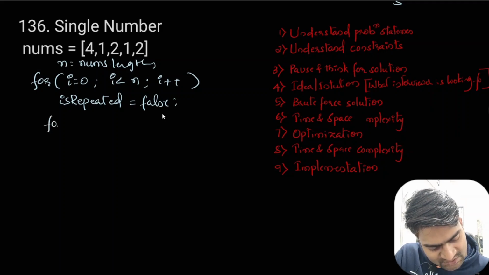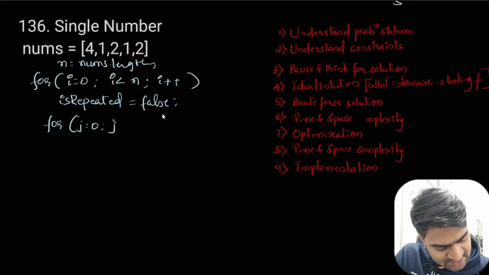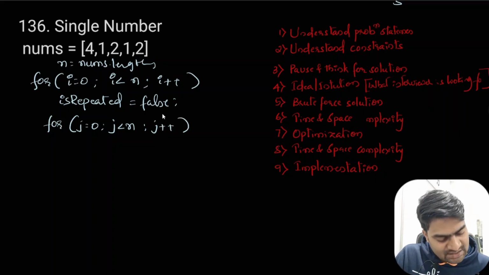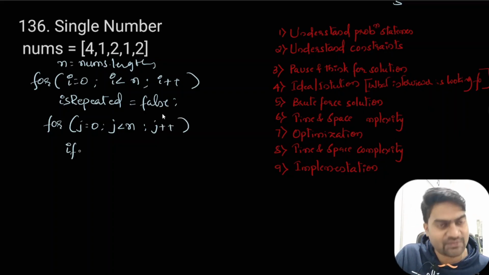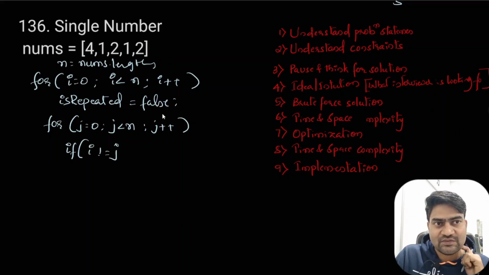Then I will use for j equal to 0. Here we should start from 0 itself because we will have to scan all the elements. j less than n, j plus plus. Then I need to check if i is not equal to j. This is very important because if you compare the number with the same number, then for sure this number will be repeating, but that should not be the case.